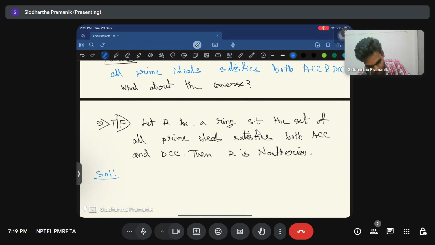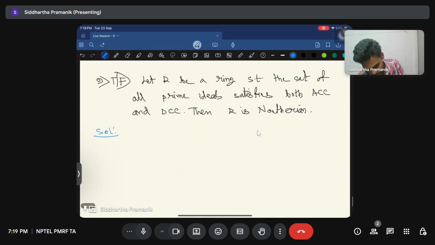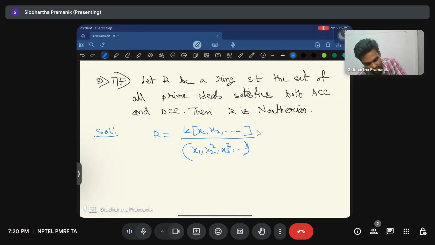So we have already seen this important example. Take the polynomial ring in infinitely many variables and go modulo the ideal generated by x1, x2 squared, x3 cubed and so on. Then this is a local ring. In fact, this has only one prime ideal.